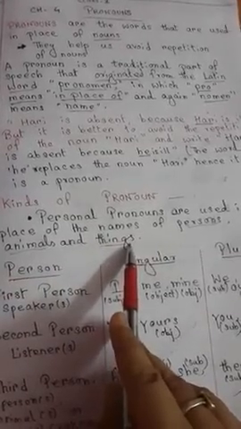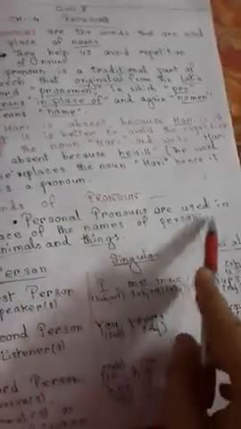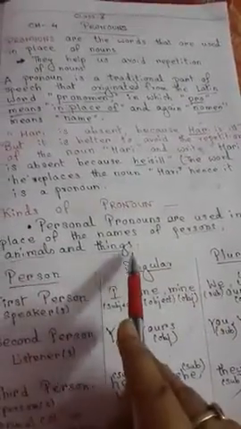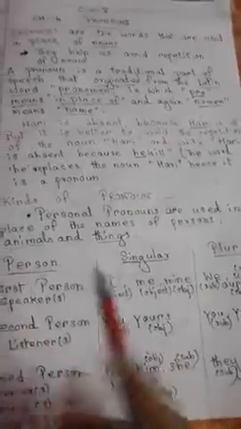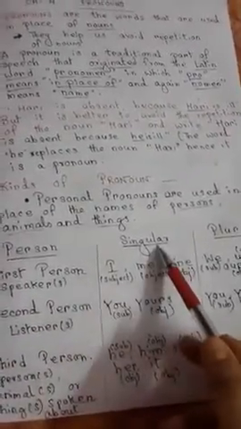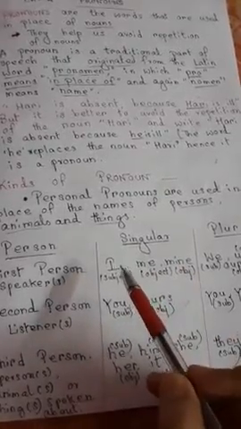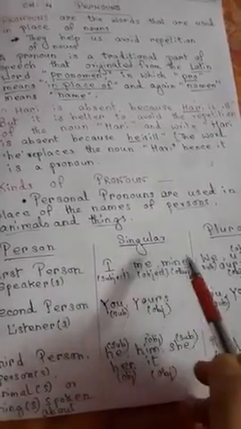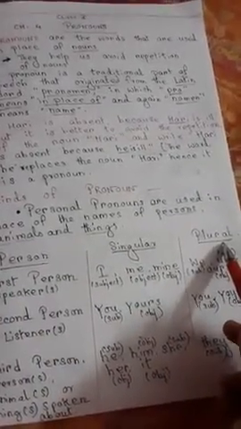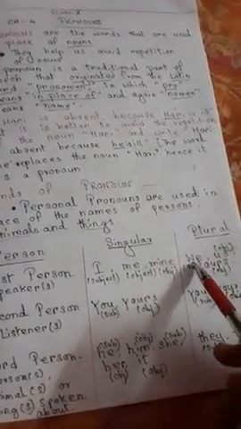So, when do we use personal pronoun? In place of the names of persons, animals, and things. There are three persons, like in case of first person, singular, I will say I, me, mine. But in case of first person, plural, which pronoun will be used? We, us, ours.